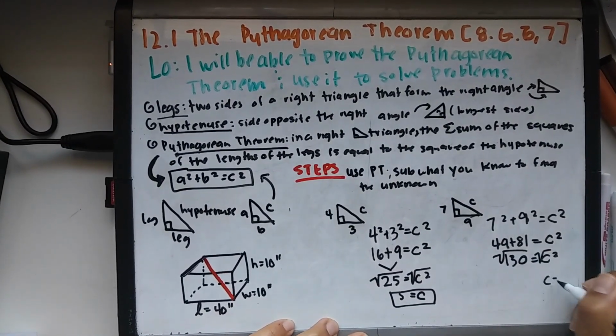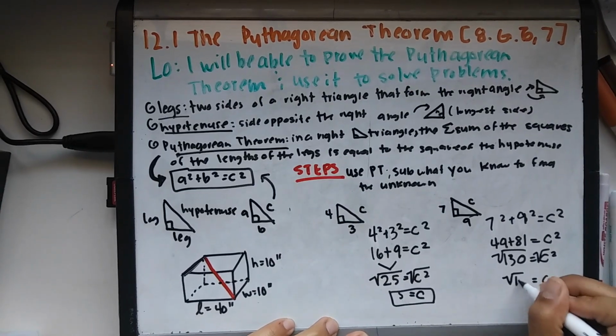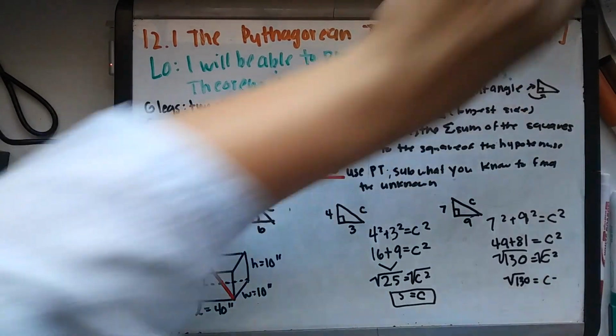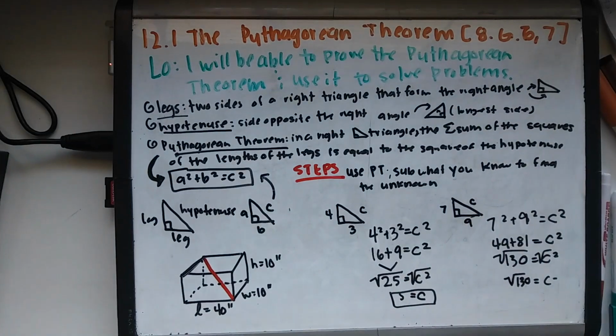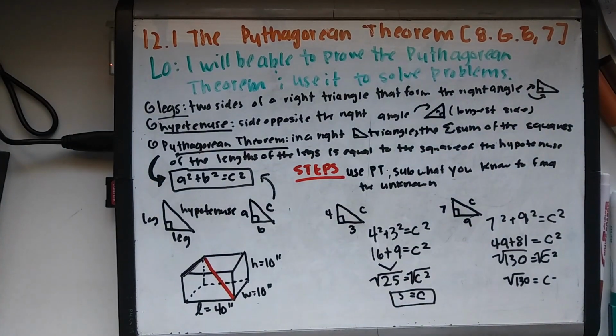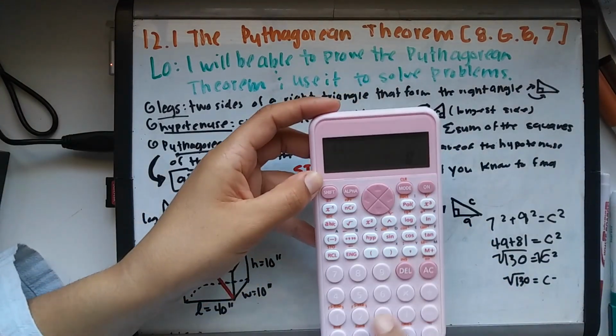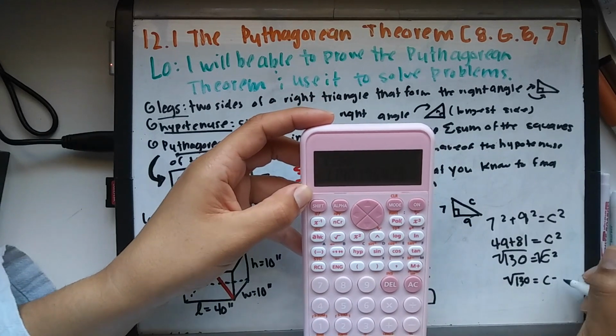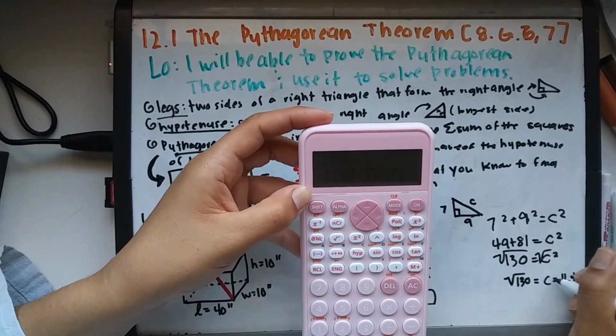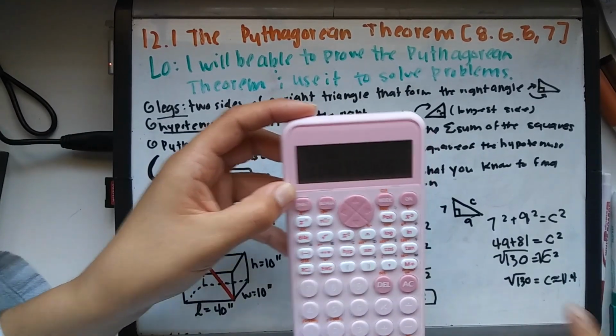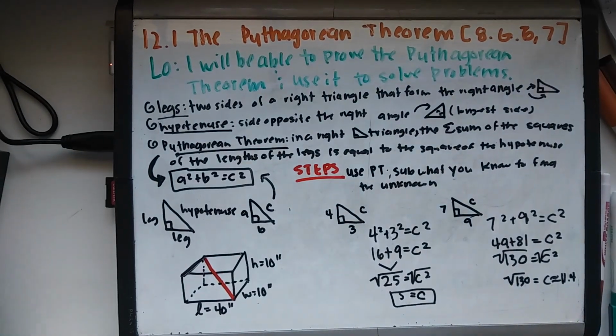Sometimes you can just leave it like that, or you can punch it in your calculator. The square root of 130 is about 11.4, approximately. And so that will be my answer for that one.